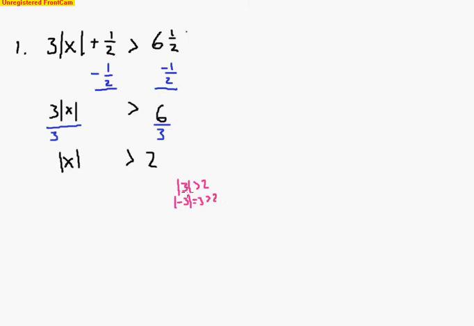So the values have to be either bigger than the 2, bigger than the positive number, or smaller than -2. And that's what we're going to end up doing. We're going to end up taking that x, and we're going to set it greater than 2, but less than -2. And when we do that, we go ahead and graph it, and you'll get a better representation of this.